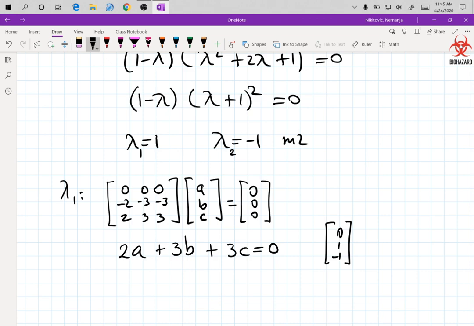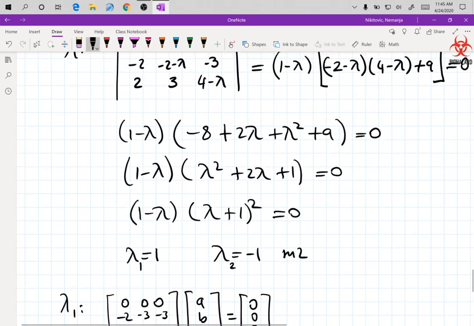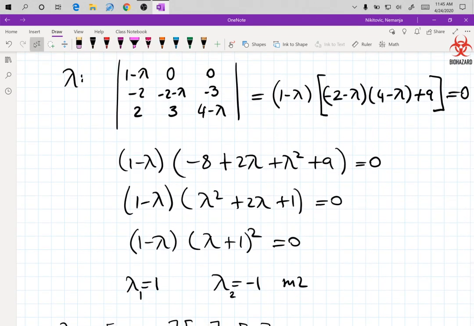Negative 2 lambda back in calculations. Negative 2 lambda, we have, is it negative 2 lambda? I have negative 8. This times this is plus 4 lambda.